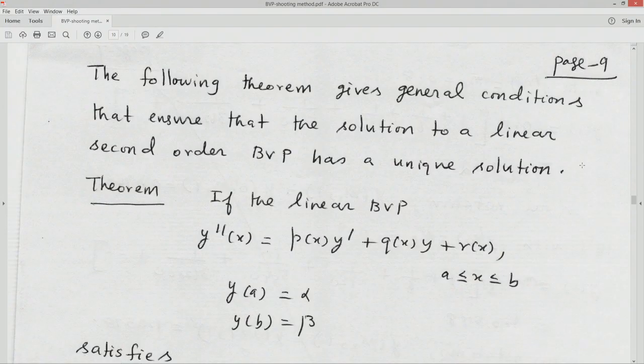Let us now consider a result which gives us general conditions that ensure that the solution to a linear boundary value problem is unique.